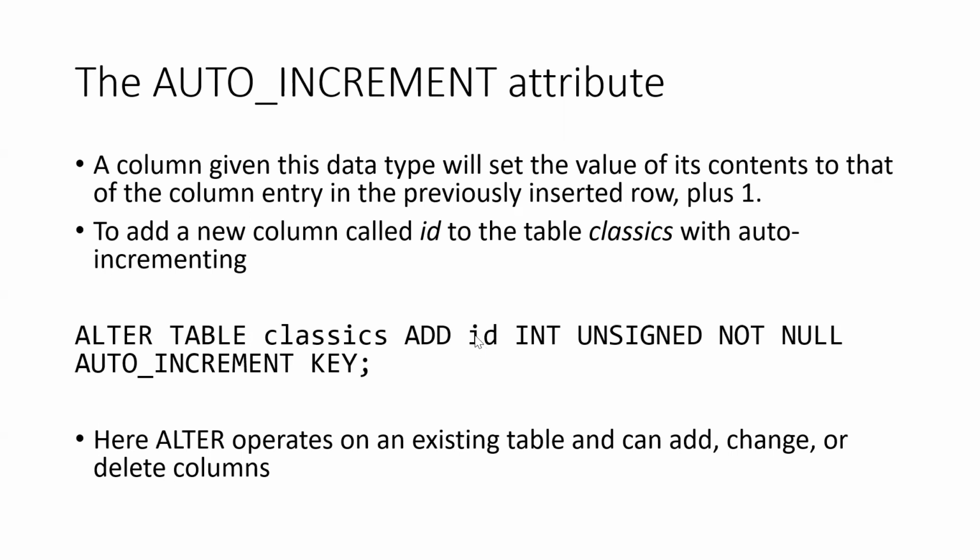So ADD ID, and the type is INT UNSIGNED. You know the range of numbers that you can represent. And you say NOT NULL, which means you have to provide some value. Null values are not allowed. And it says AUTO_INCREMENT. Auto increment means it will keep on increasing. When you insert the data, you start with 1, 2, and so on. It will give you an automatically increased value.